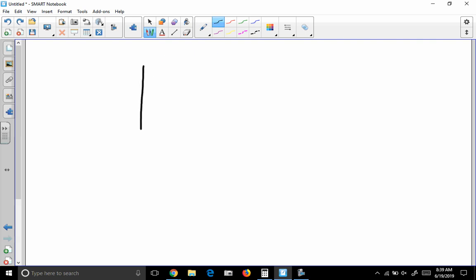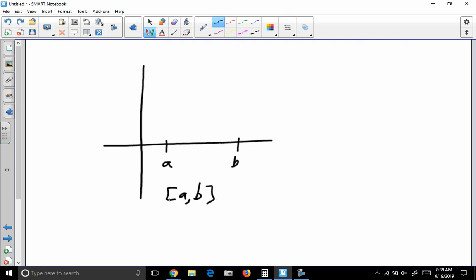So we're going to look at closed intervals to begin with. That means that we're looking at an interval that includes the left and the right side. So if we want to find out the absolute maximum and absolute minimum, we're going to check the y value at each end to see which end is the highest and which end is the lowest.